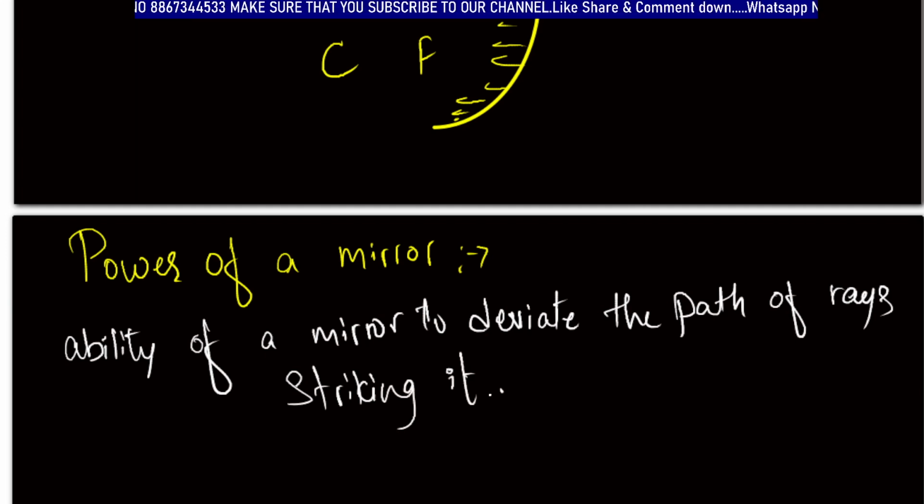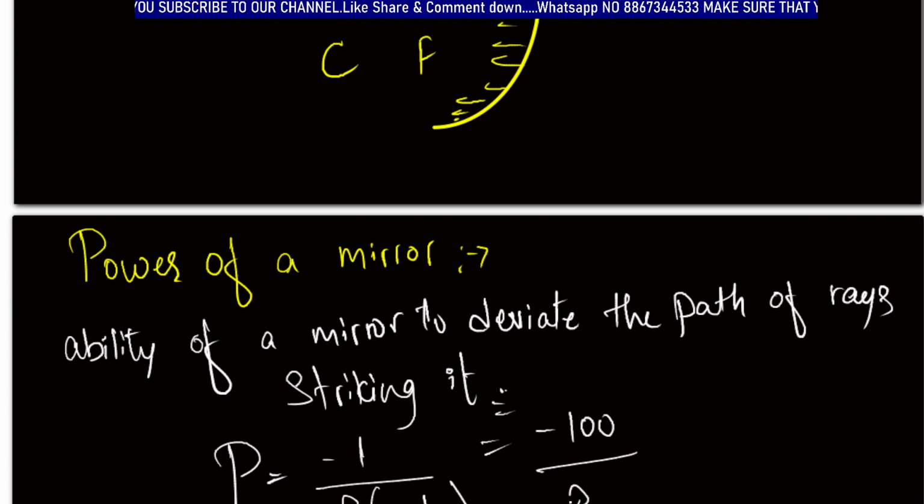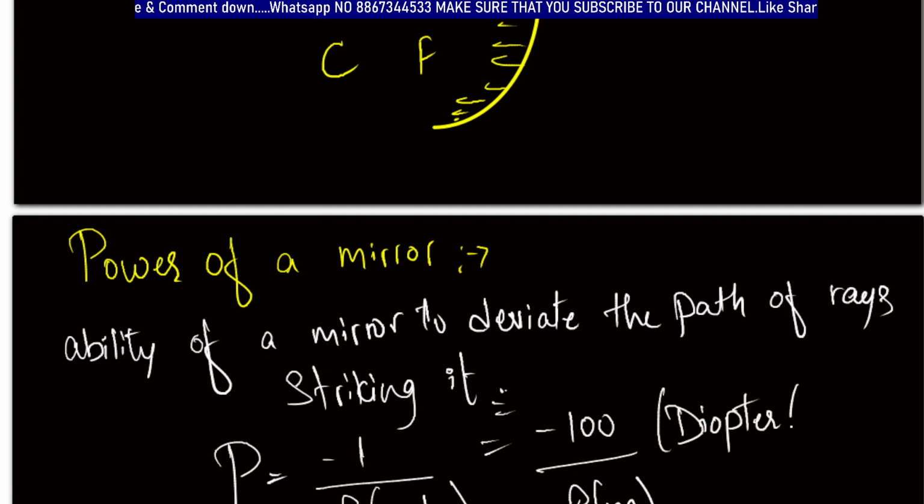So how much does a mirror deviate the light rays? That ability is called the power of a mirror. It is denoted by the formula P equals minus 1 divided by f, if we consider f in meters. If we consider it in diopters, it is minus 100 divided by f, where f is in centimeters, and the unit is diopter, D. So this is the power of a mirror.